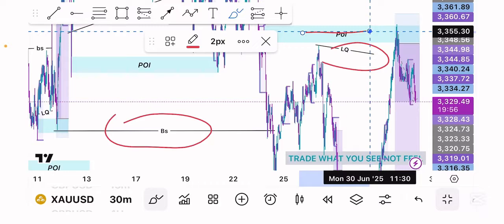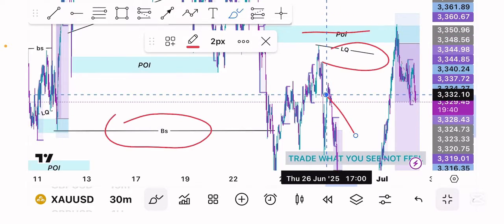So just my simple 3 confluence I need to identify in order to execute a trade. It is what it is, and this is just how this trade is playing out.